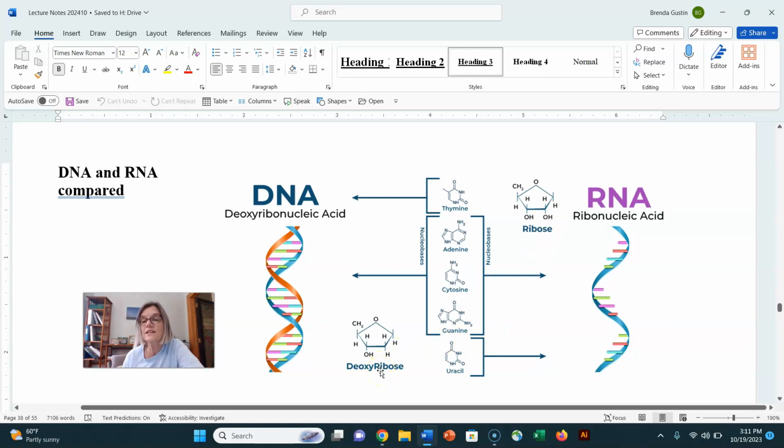And for a reason that chemists and physicists understand better than I do, that makes ribose less chemically stable than deoxyribose. Missing that oxygen in the ribose makes RNA less chemically stable than DNA.